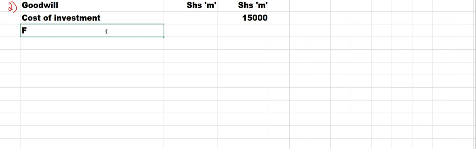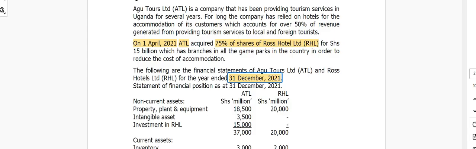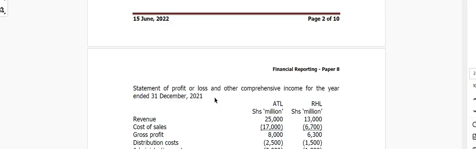You get the fair value of NCI at acquisition. It has been given in the question, in additional note 1. Fair value of NCI at the date of acquisition is 3.5 billion.